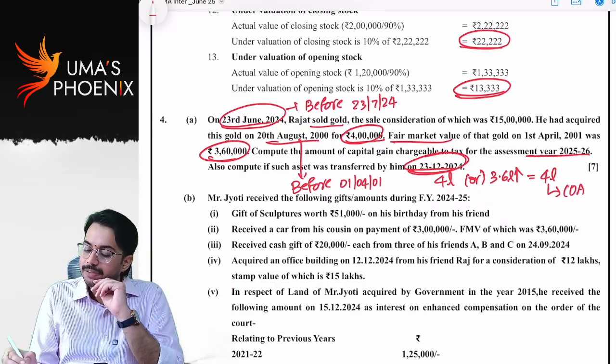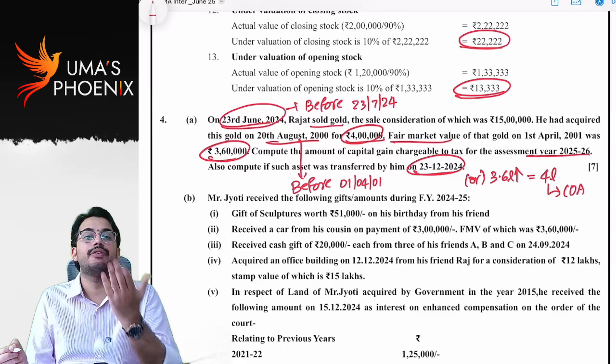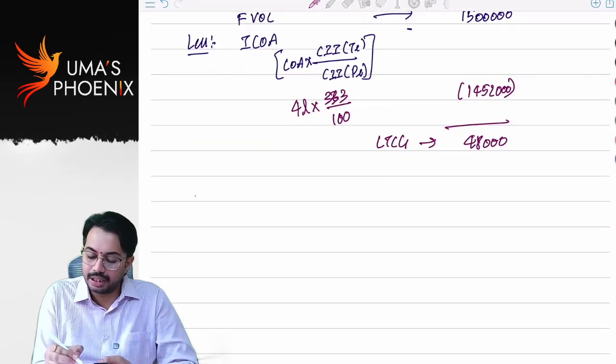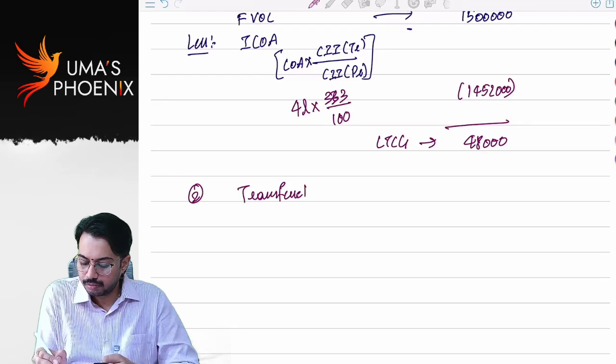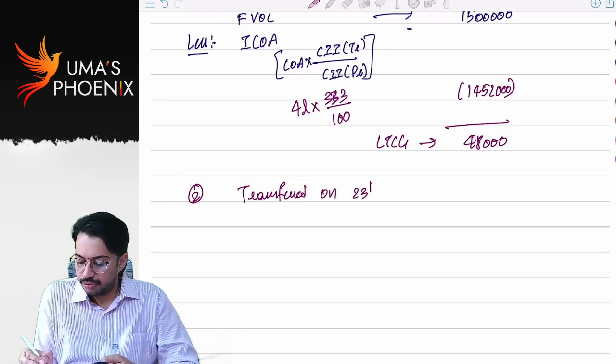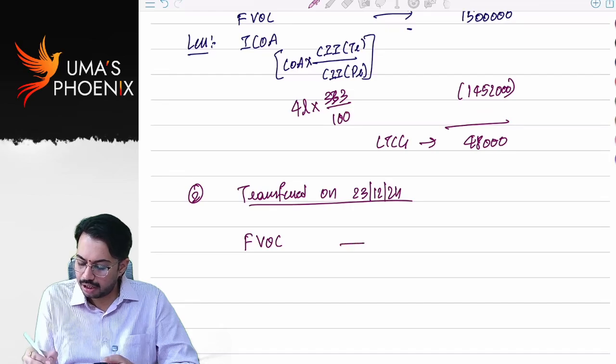If it is transferred on 23rd December, 23rd December means after 23rd July. If it is transferred on 23rd December 24, full value of consideration 15 lakhs.